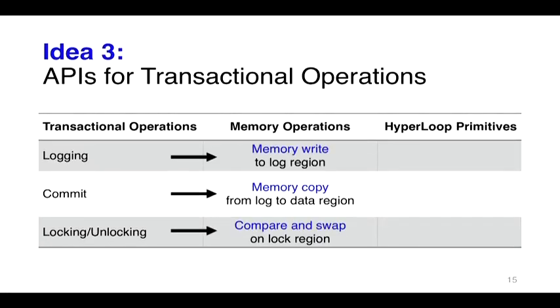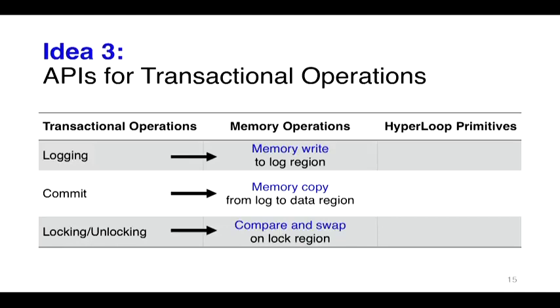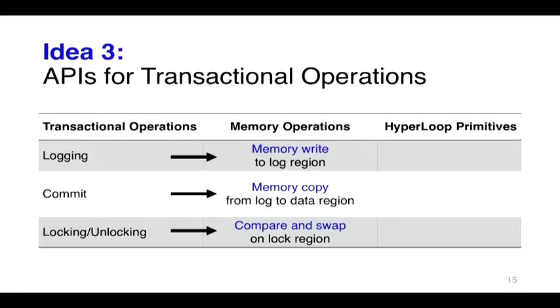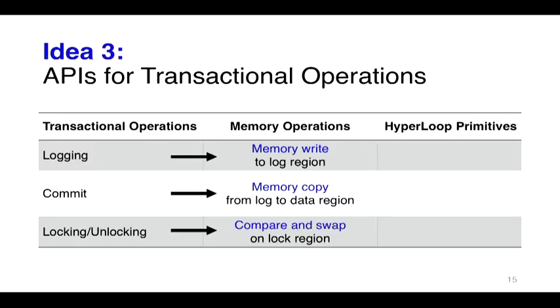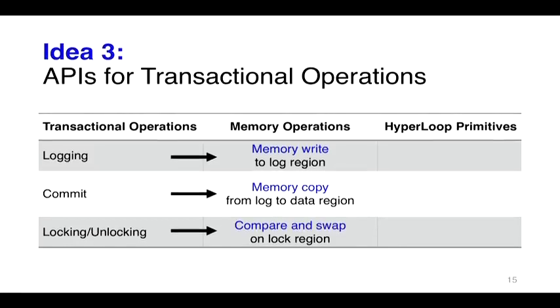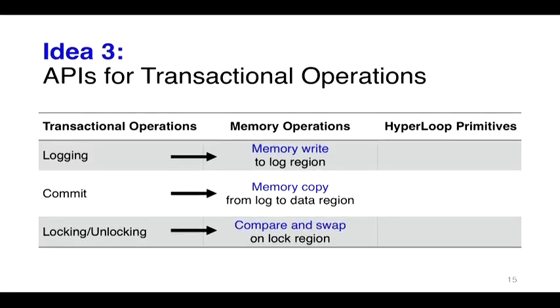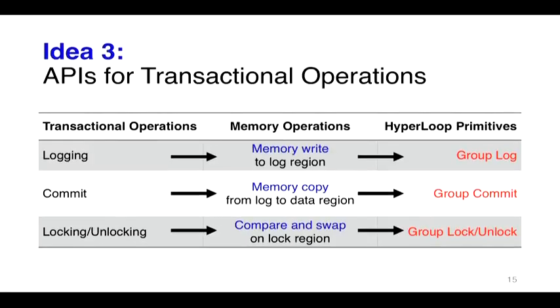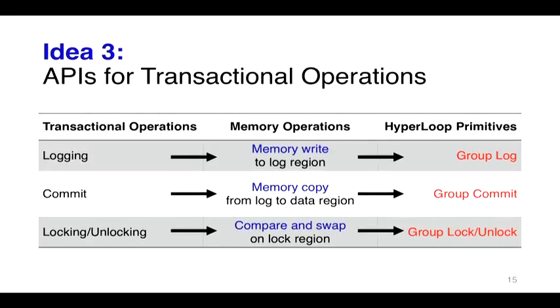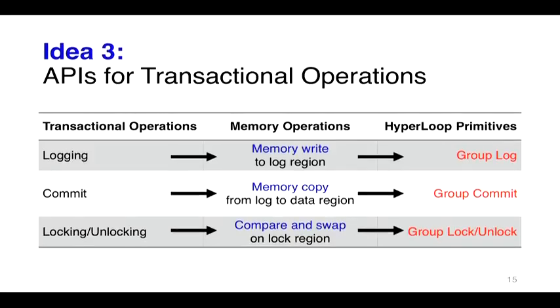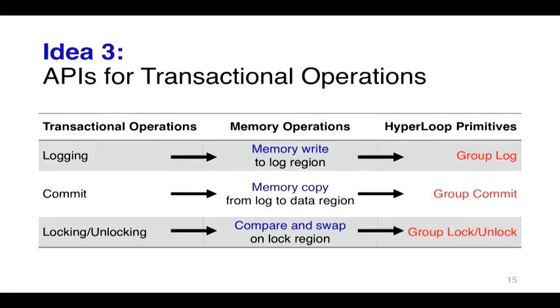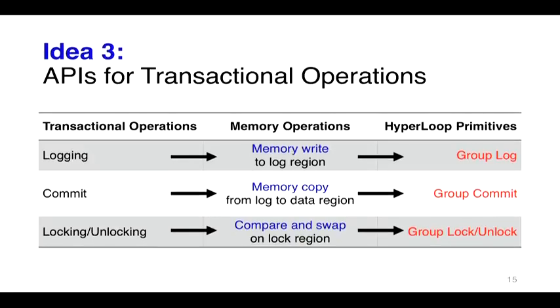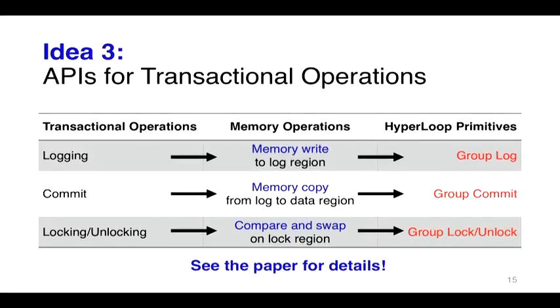In particular, we can transform logging into memory write, commit into local memory copy, and locking into atomic compare and swap. Combining this memory abstraction with our operation forwarding mechanism, we designed HyperLoop primitives that execute transactional operations on a group of replicas. HyperLoop primitives consist of group write, group commit, and group lock. Please refer to our paper for the detailed design of each primitive.